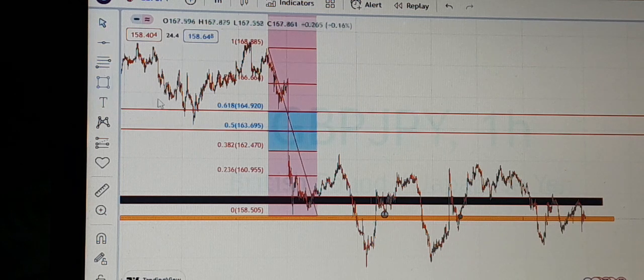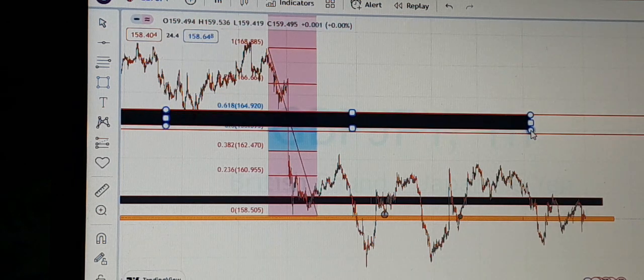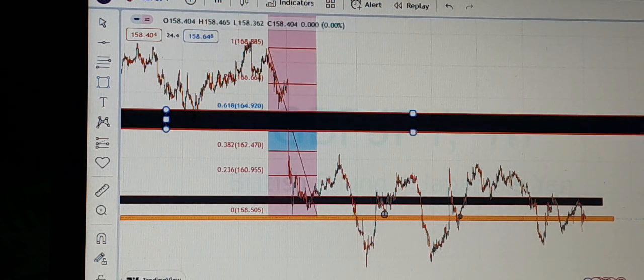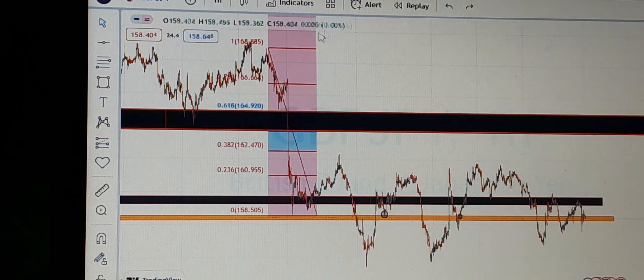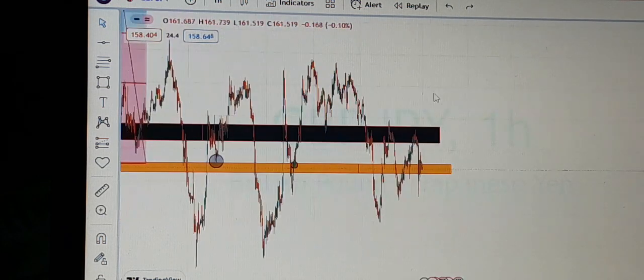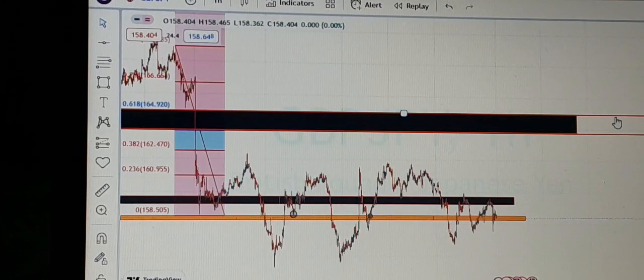Simple as that. That is another zone that you're seeing right there, and a very good one.